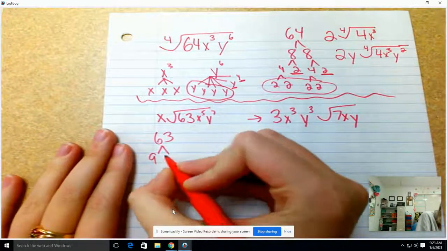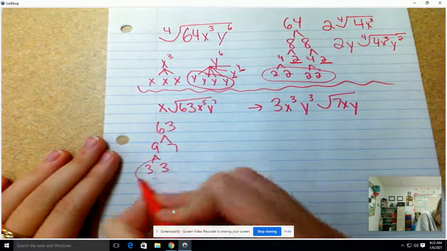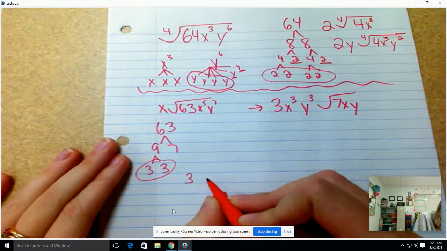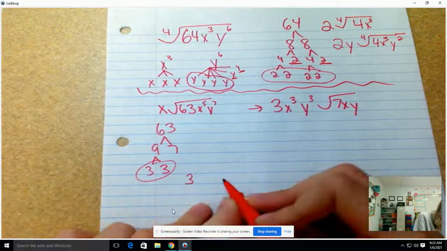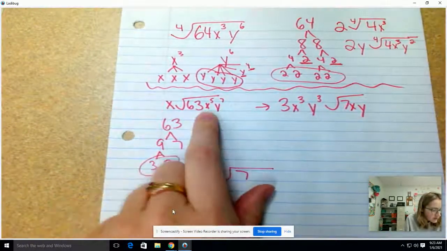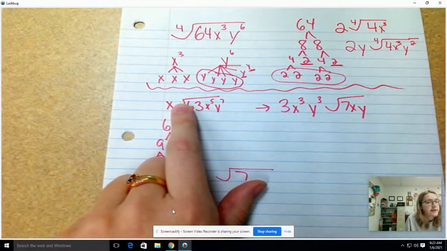So we're going to have 9 and 7, 3 and 3 for my factor tree. So that's going to give me 3, and then we'll leave a space in case we're taking anything out, radical 7. So x to the 5th. Is 5 evenly divisible by 2?